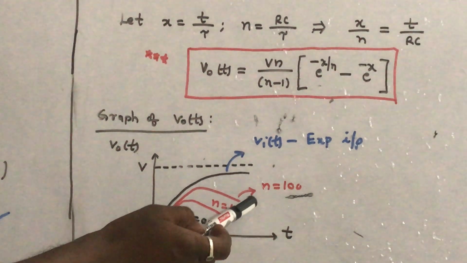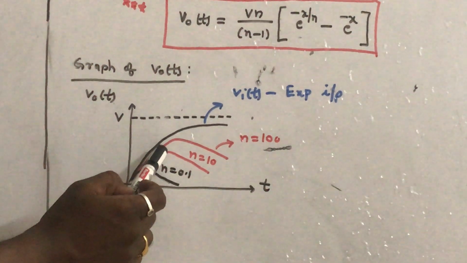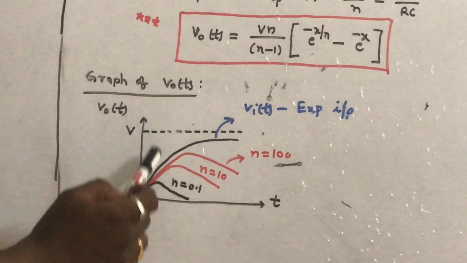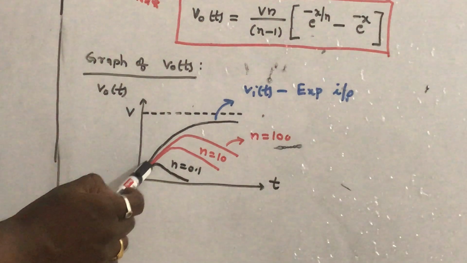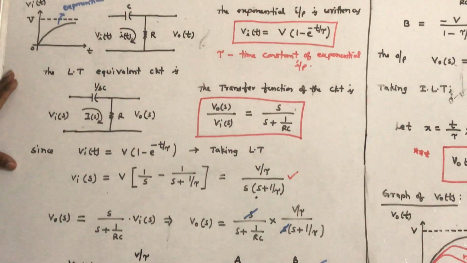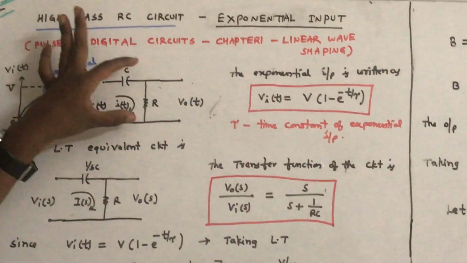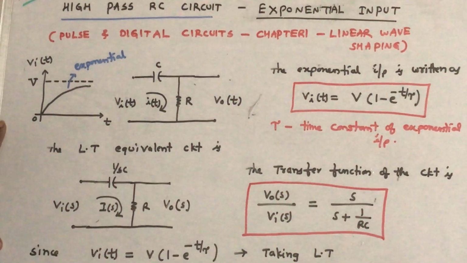So these are the output waveforms for n is equal to 100, n is equal to 10, and n is equal to 0.1. This one is your input, the exponential input. So this is what you have to write for this very important question, the response of the RC high pass circuit with exponential input. Thank you.